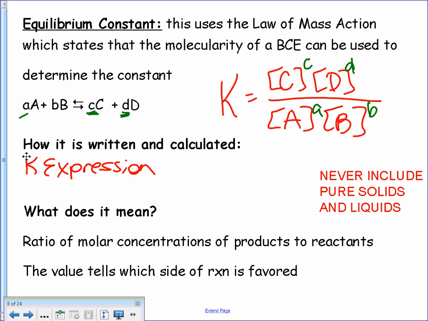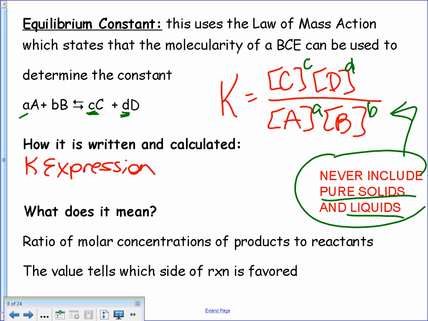It can get more involved depending on how many reactants and products you have. The only time you ever exclude a reactant or a product is if they are pure solids and liquids. So omit these. Don't include them. That's because whenever the reactants and products are liquids or solids, can you get a concentration for a solid?